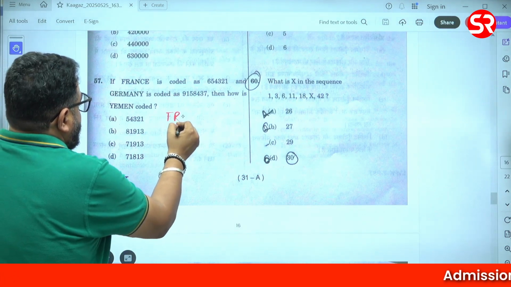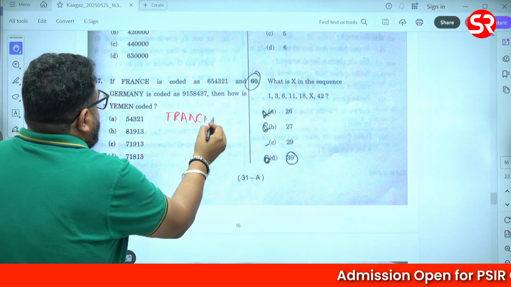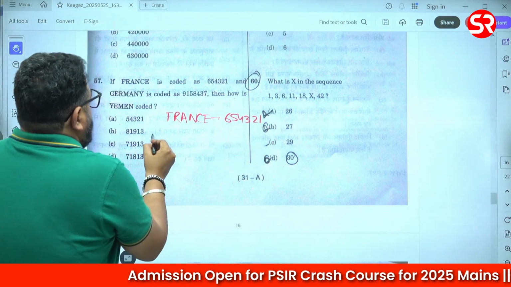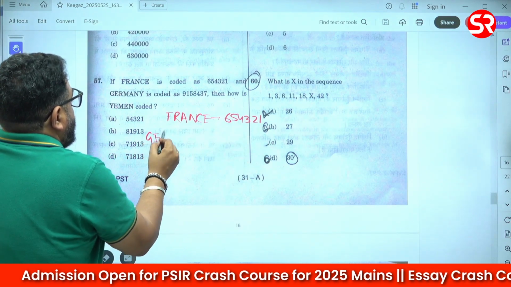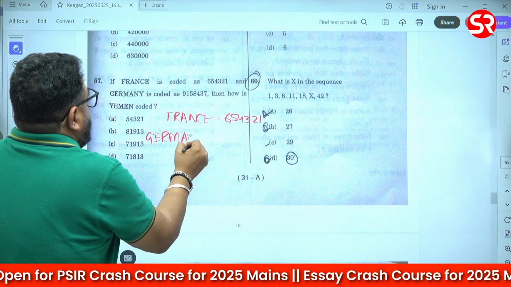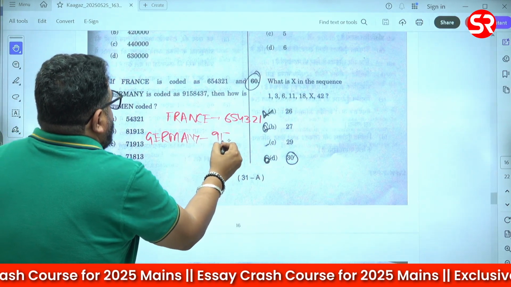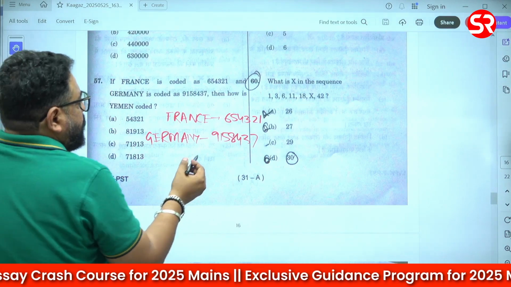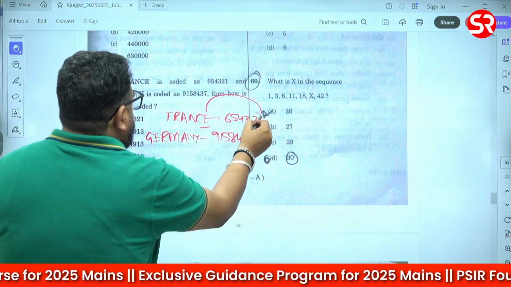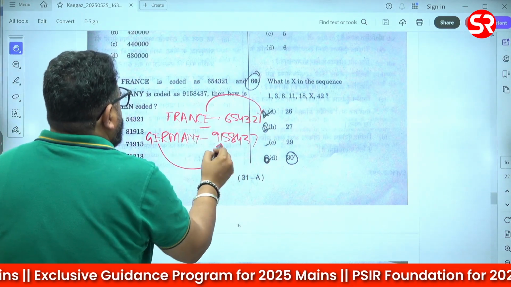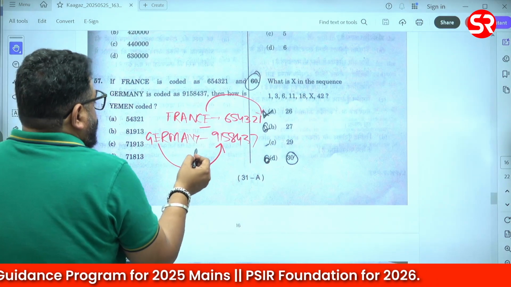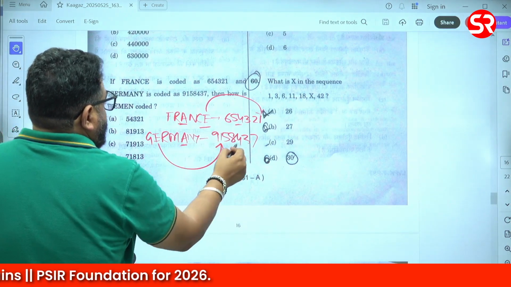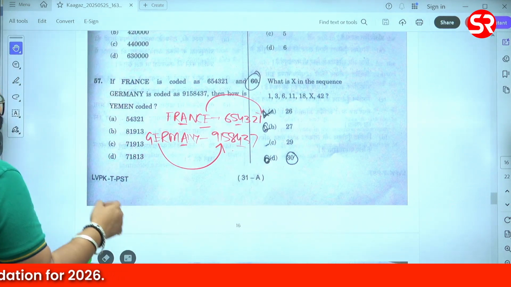FRANCE, right? It is 65431, and Germany, GERMANY was 9158437, right? तुम खुद देखो, E is 1 and E is 1, डायरेक्ट चल रहा है ना, और दोनों में A भी है, A इधर क्या है 4 और A इधर भी 4 है, which means direct notation.